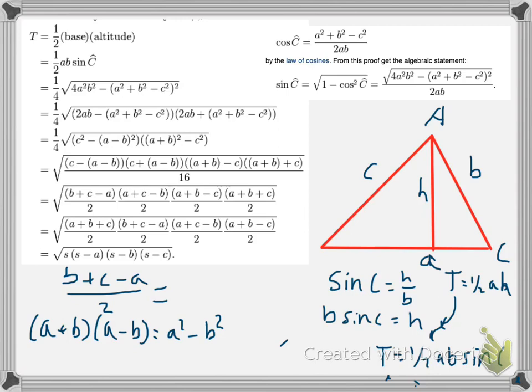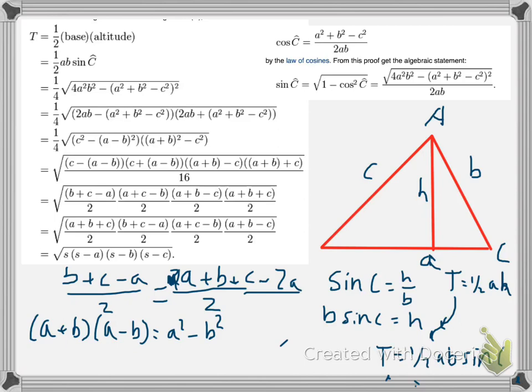So b plus c minus a over 2 is a plus b plus c, minus 2a, over 2. So we'll only get a plus b plus c over 2, and then minus a. So that'll be s minus a for that one.